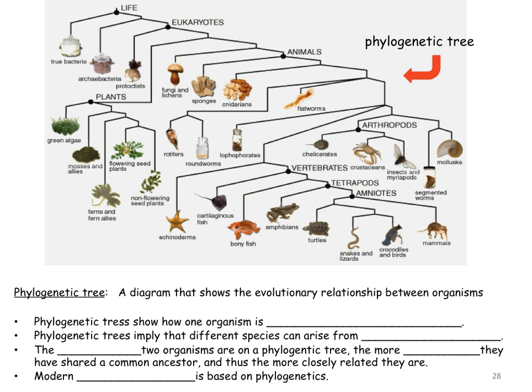So I want you to study this tree for a second and notice a couple things about it. First, phylogenetic trees show how one organism is related to another, just like your family tree would show how you are related to your siblings, your cousins, and so on. Second, phylogenetic trees imply that different species can arise from common ancestors.